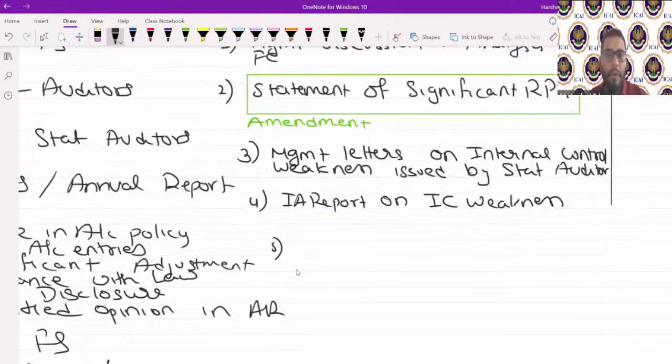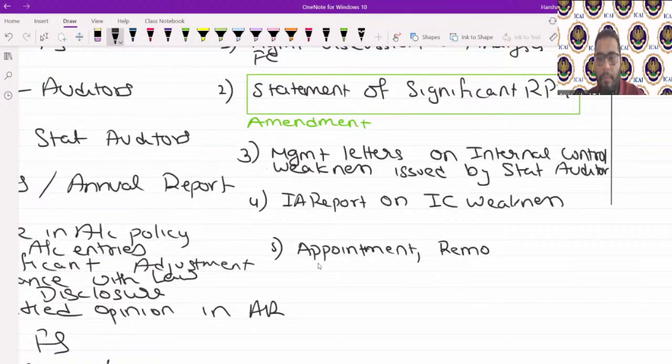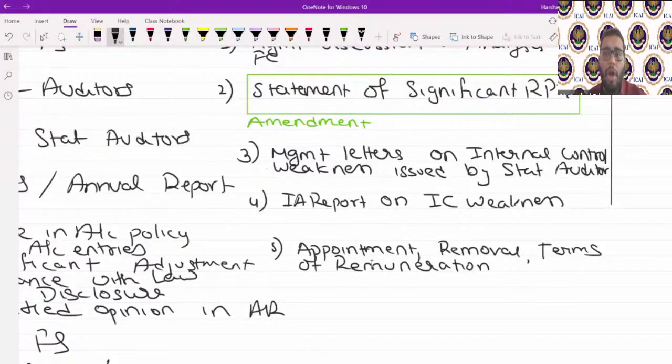Fifth, appointment, removal, terms and conditions, and terms of remuneration of the chief internal auditor.